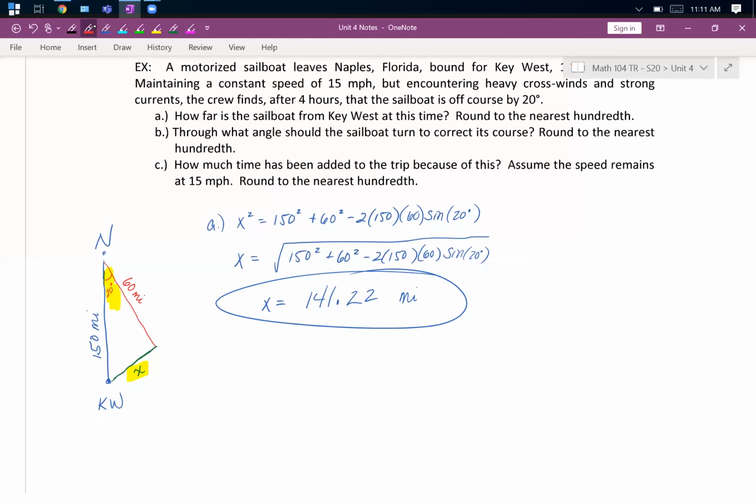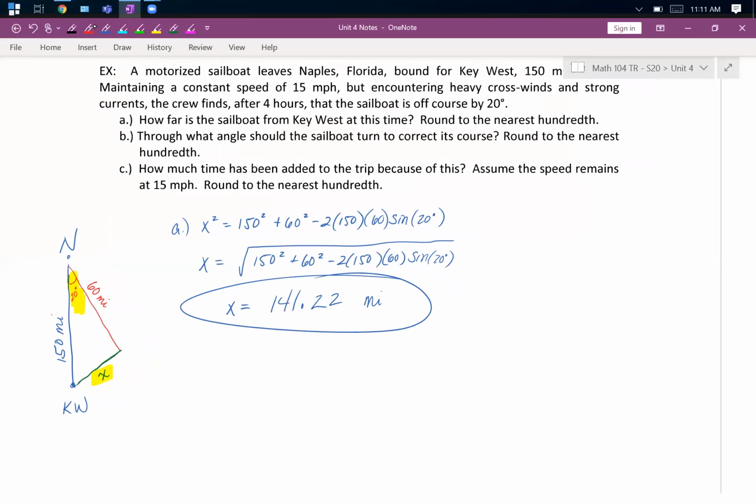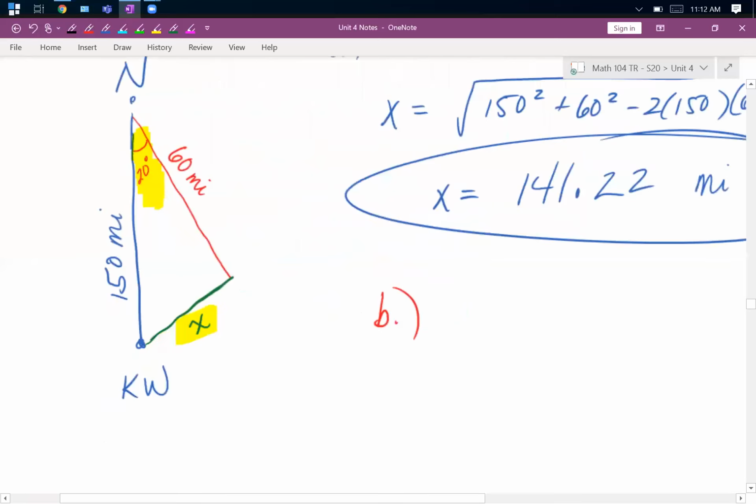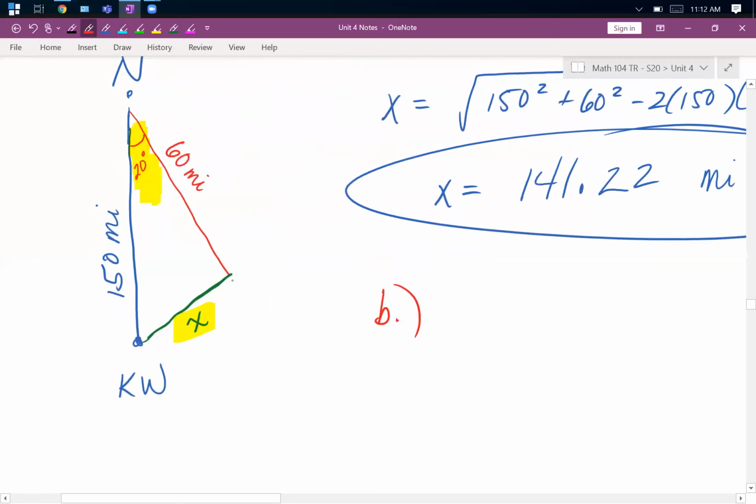In part B, we want to figure out through what angle the sailboat should turn to correct its course. Let's take a look at our diagram. If it keeps going on the path it is, it's going to keep going this way. So to turn, we need to figure out this angle right here. Well, that angle is not inside of our triangle.